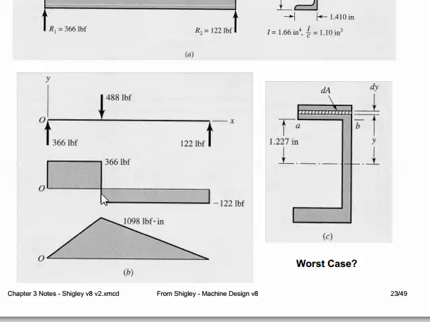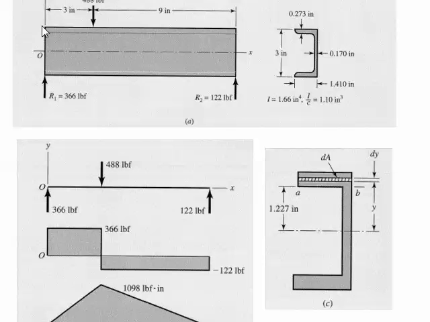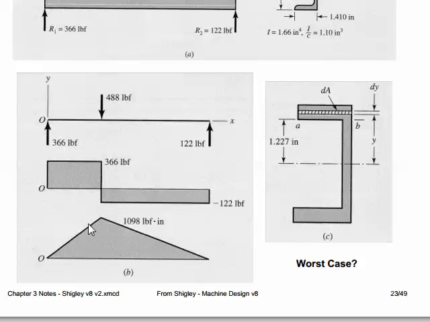And then because we have a rectangular shear, we then have a triangular shape for the moment, with the moment peaking at this distance of how far? 3 inches times the 366, giving us a 1098 peak inch-pound force moment.